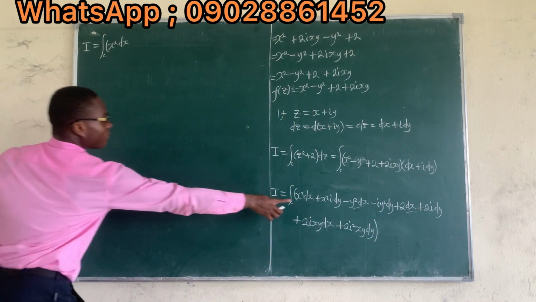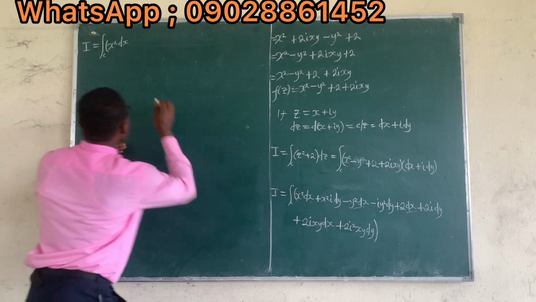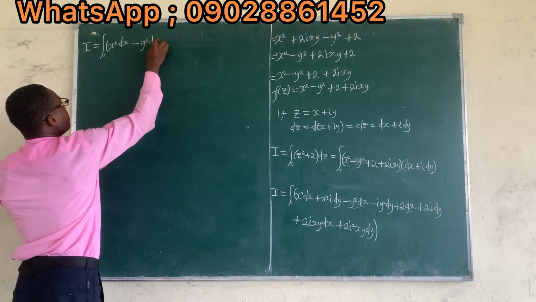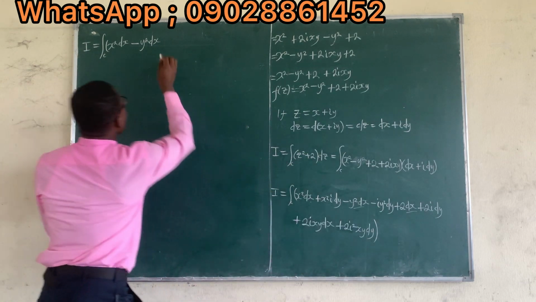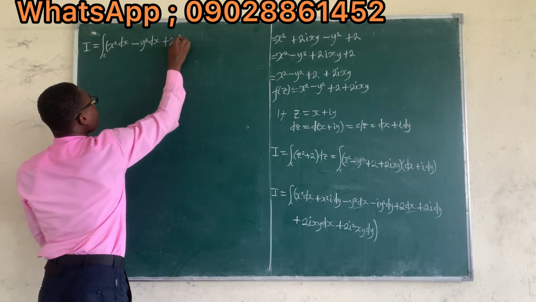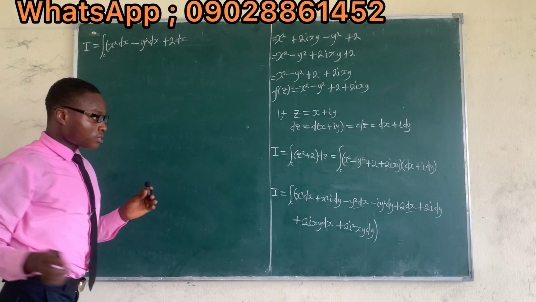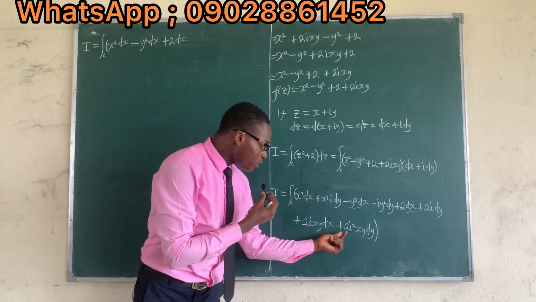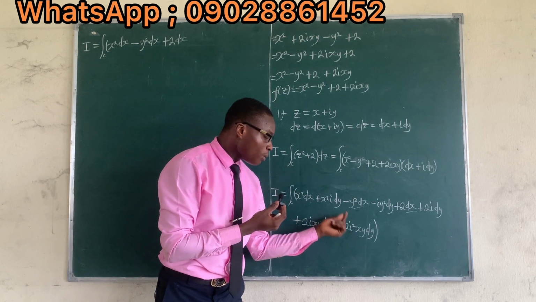So we are going to have x squared dx minus y squared dx minus y squared dx plus 2 dx plus 2 dx. And if you observe, i squared is equal to -1.